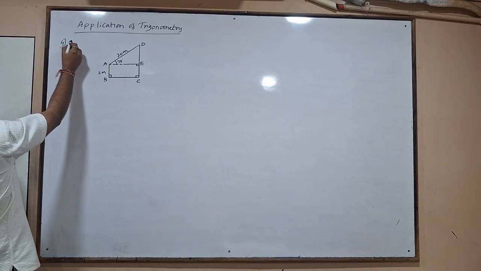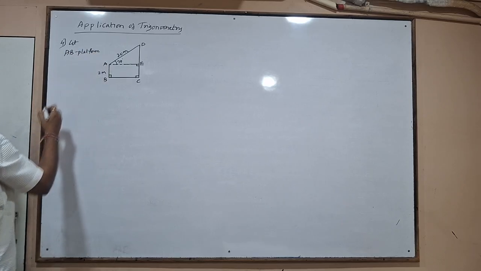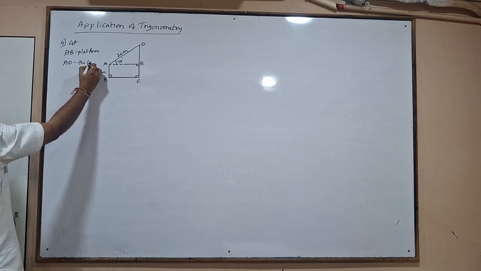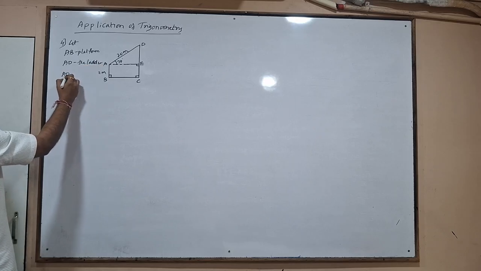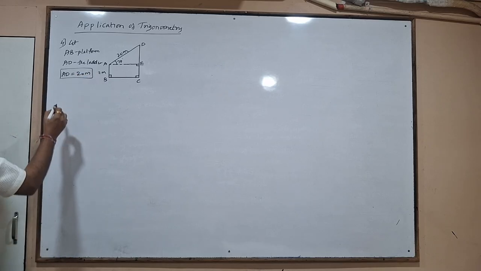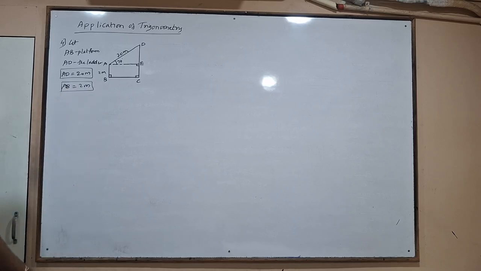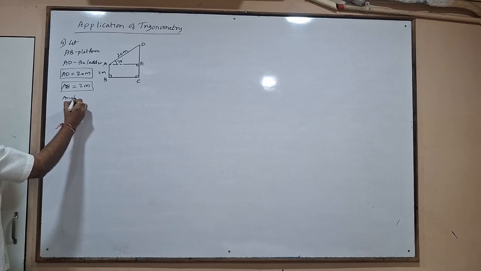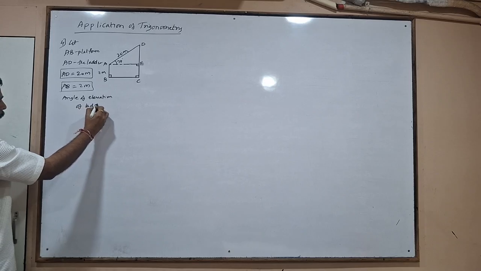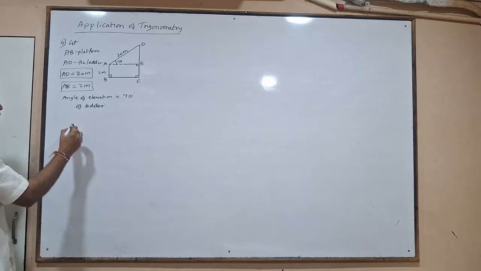So we can mention AB, the platform, AD, the ladder. So AD is equal to 20 meter, AB is equal to 2 meter, angle of elevation of ladder is equal to 70 degree.